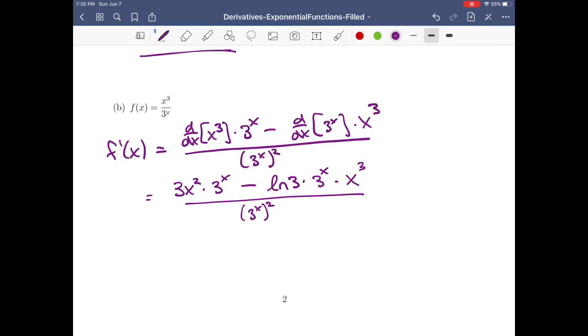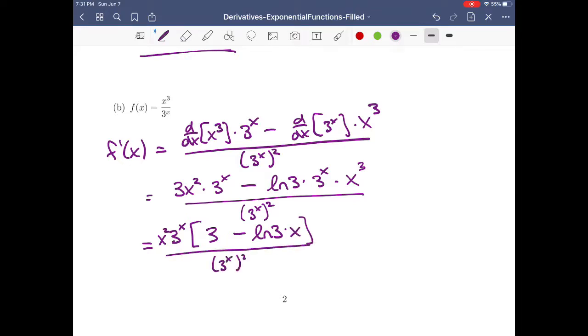Now I want to simplify this. So what do these have in common? Well, I can definitely take out 3 to the x. Actually, I can take out x squared, 3 to the x. So then I'm left with just a 3 here. The second term, I'm going to have ln 3 times x. And then on the bottom, I have 3 to the x squared.